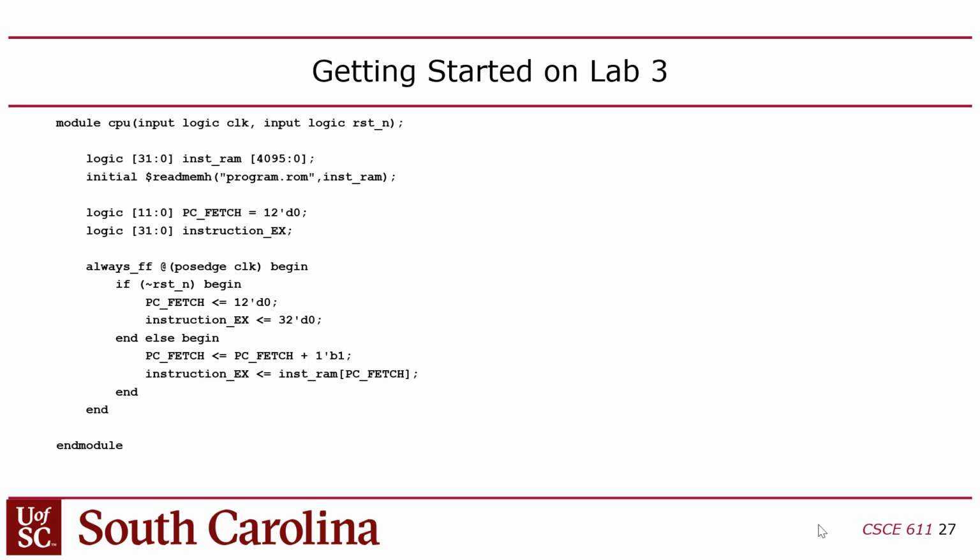So the 31 to 0, which is the width, comes first, and the depth comes next, and this is 4,096 entries deep. Then we have this initial statement that's going to initialize the ROM with a file that you're going to get directly from RARS.